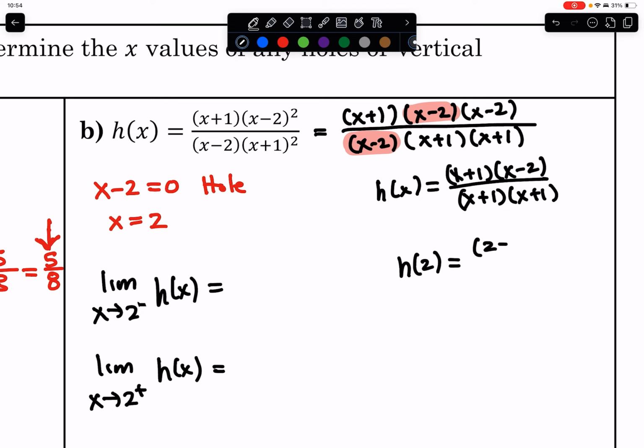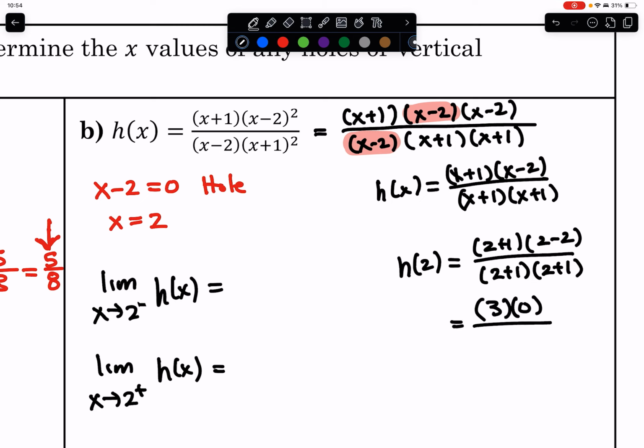This would be 2 plus 1 times 2 minus 2 over 2 plus 1 times 2 plus 1. 2 plus 1 is 3, 2 minus 2 is 0, 2 plus 1 is 3, and 2 plus 1 again is 3. On the top we end up with 0, on the bottom we end up with 9, and 0 divided by 9 is equal to 0.